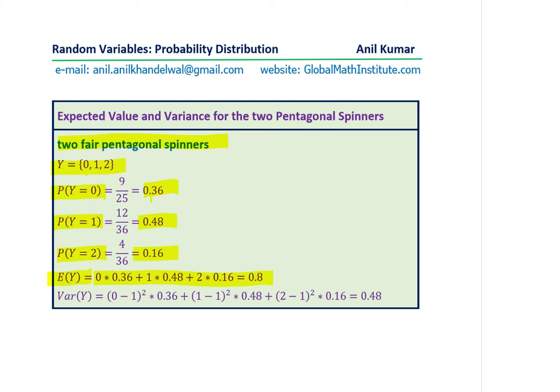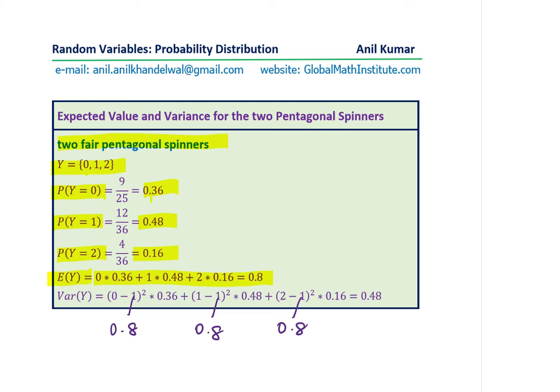To find the variance, 0 minus 1, 0.8. I should have written 0.8, sorry. So this value should have been 0.8. Let me change these values. Correct.